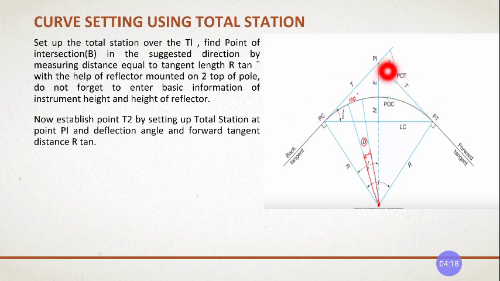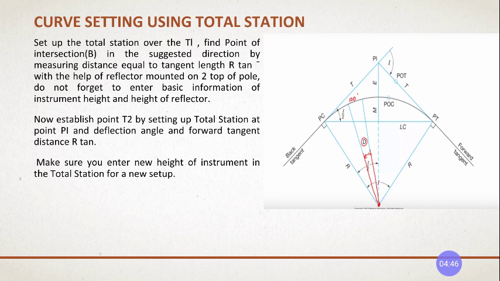This is a backward tangent, this is a forward tangent. So whatever the length is in the backward tangent, the same will be there in the forward tangent, because this is a simple curve, right? From this PI point, you're going to set up the station here, right? And you're going to mark the point PT, because the same distance T is going to be used to find out this length, right?